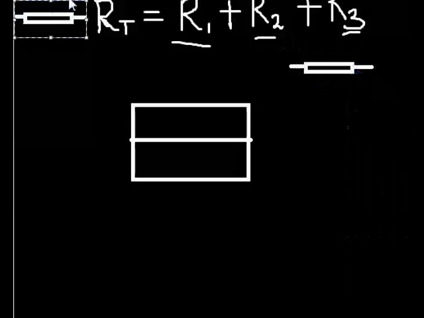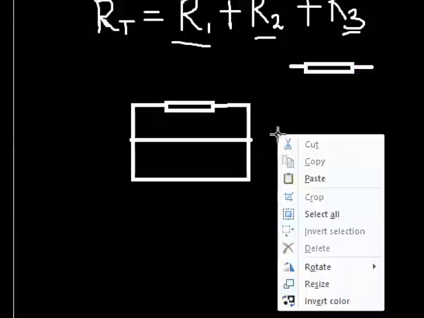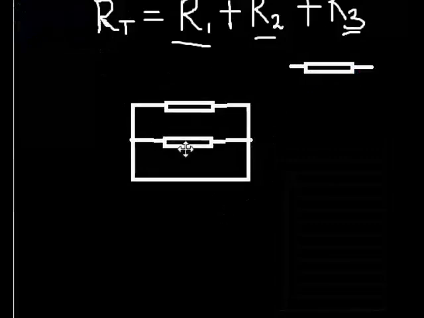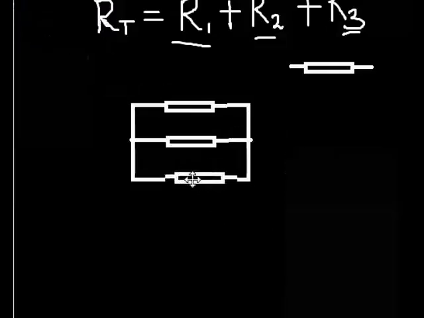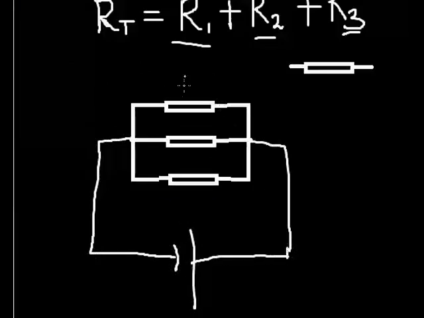Take another one, then take another one. Okay, so this is parallel connection. And of course I connect it across all of it across a potential difference. All right, so let's say this is R1, this is R2, and of course this is R3.